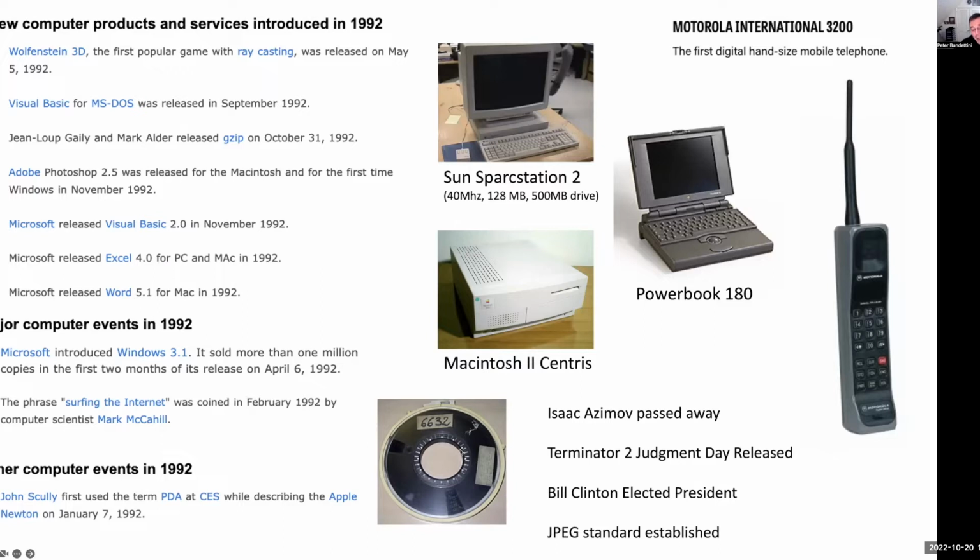All of our data, believe it or not, and this seems really old, but GE systems are always a few years behind in terms of their data architecture and things like that, I saved all my data on reel-to-reel tapes, 20 megabytes. So that changed within a few years, but then, you know, we did our word processing on something like a Mac Centris or something like that. So anyway, this is 1992.